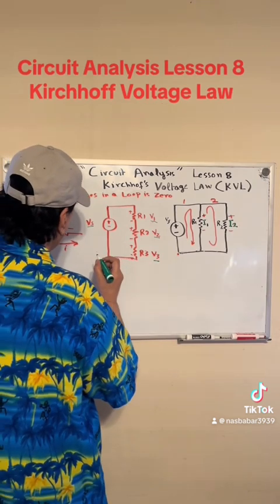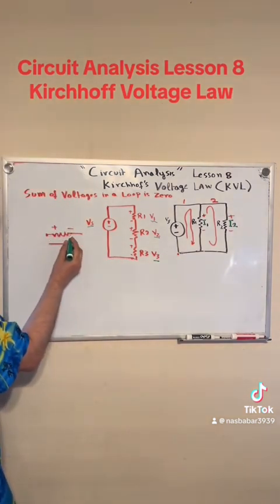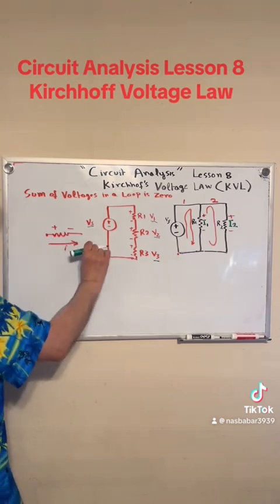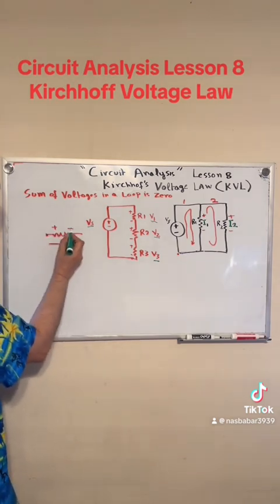One thing I want to mention is that if you have a resistor and current is flowing in this direction, this is going to be plus and this is going to be minus.